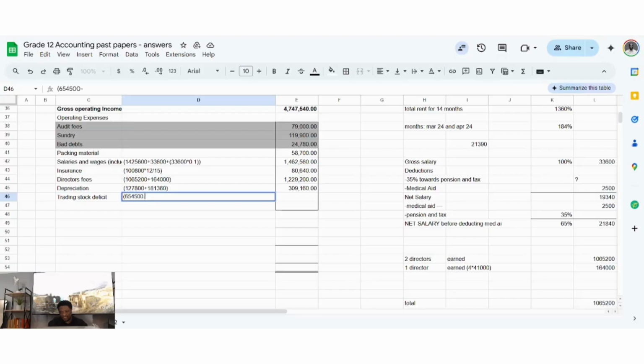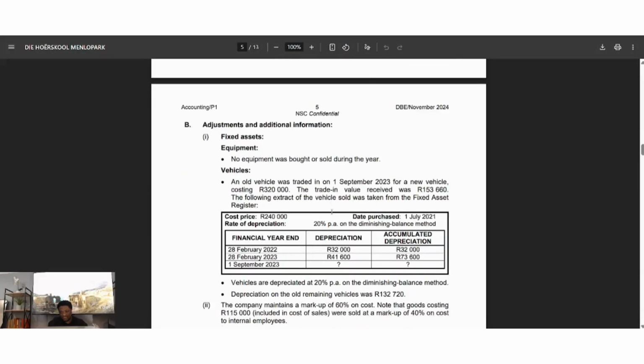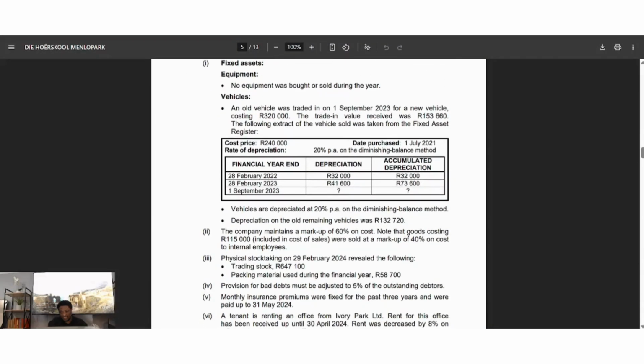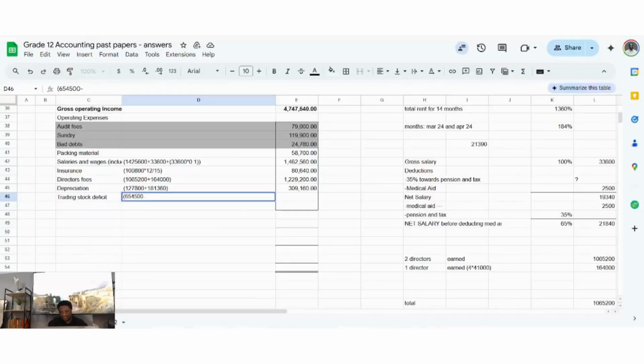And then subtract the stock count, which was showing 647,100. And therefore you get 7,400, and I think that's pretty much it.